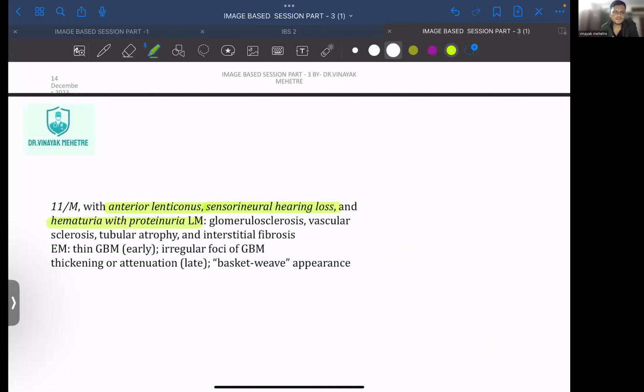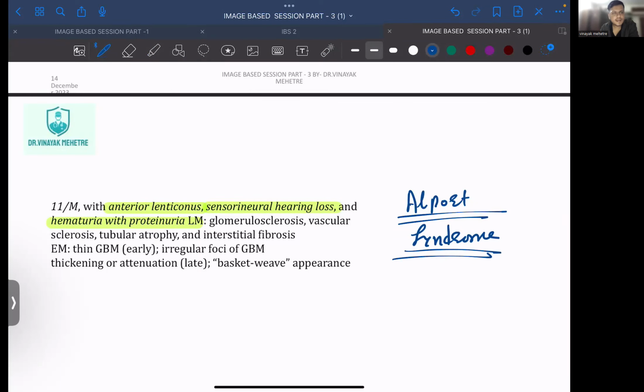Even if you are not able to recall the remaining, if you know this, the answer is pretty much clear. High in outer port, what will we say? High in outer port is called Alport. Hearing loss gone. Sensory neural hearing loss. The answer is going to be Alport syndrome.